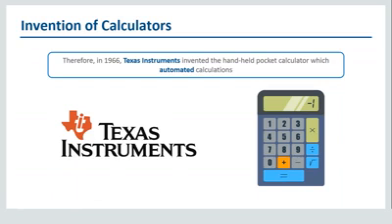So in 1966, a company called Texas Instruments came up with a handheld pocket calculator. This was the first time a company had invented a handheld pocket calculator which automated the tasks of calculation. Right? So this made our life easier because we didn't have to do a lot of calculations. That was no more required.